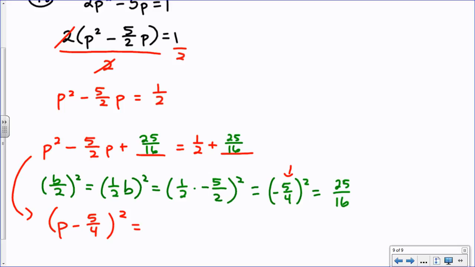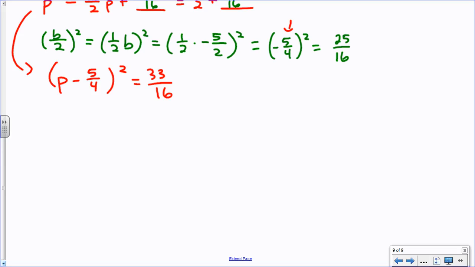Equals, and you have to do 1/2 plus 25 over 16. What do we get? 33 over 16. Did you guys get that? 33 over 16? Yeah. Okay.